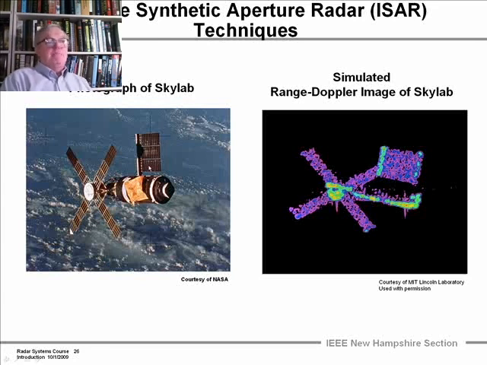And when it got up, they knew something wasn't right, but they didn't know what it was. And so different radars that have very high bandwidth actually measured this satellite that was up in low Earth orbit and came out with an image. Now, this is a simulated image of what a range Doppler image of Skylab would look like, but not the real one. It's simulated. Okay?